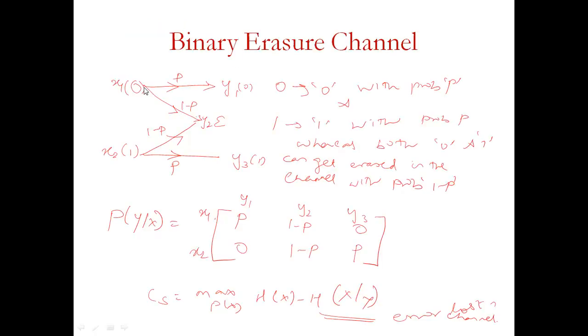Therefore, what is this h of x given y? H of x given y is nothing but 1 minus p times h of x, because h of x is the average information gained from the transmitter side. So it is going to h of y with the probability p, or it is erased in the channel.